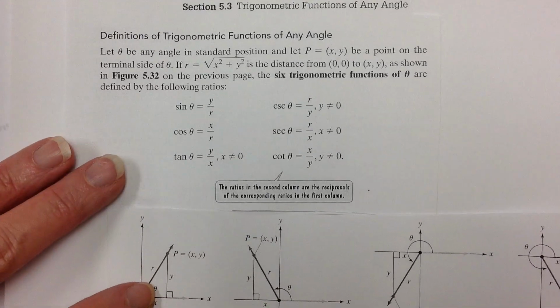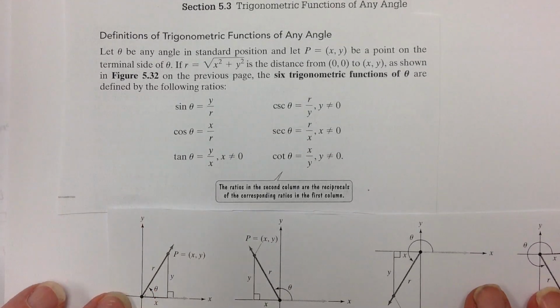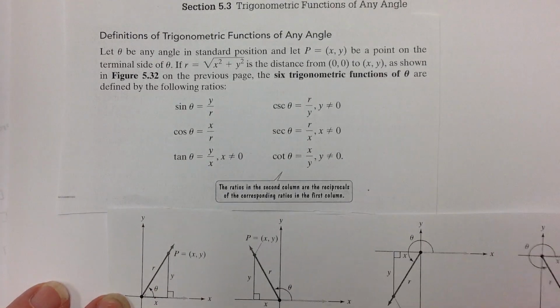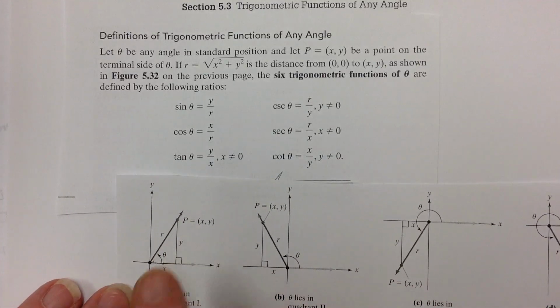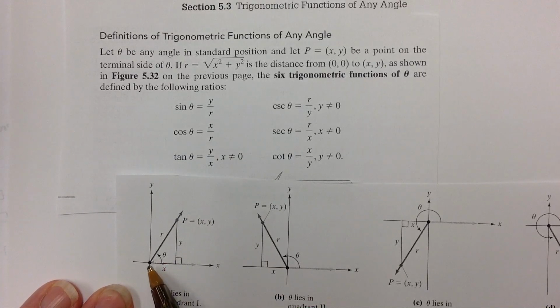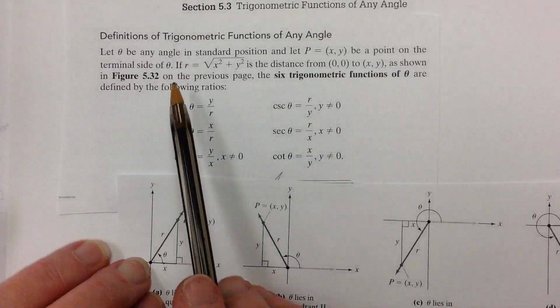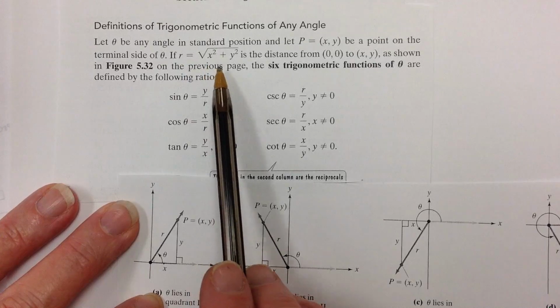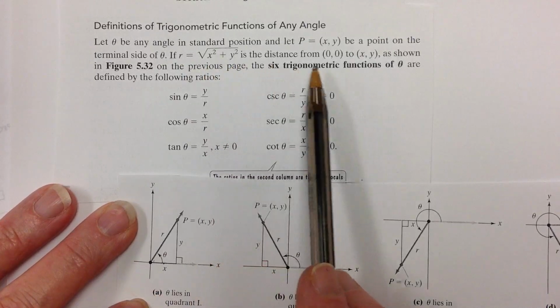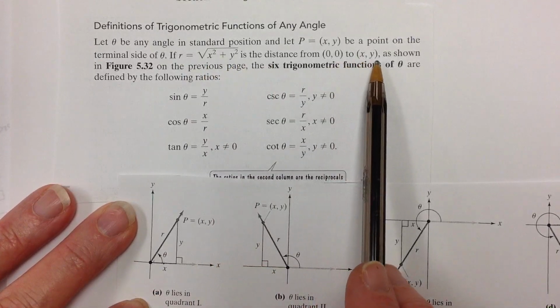That's the same diagram we were just looking at earlier. The distance between the origin and point P is r. Notice this statement: r equals the square root of x squared plus y squared is the distance from the origin to (x, y).